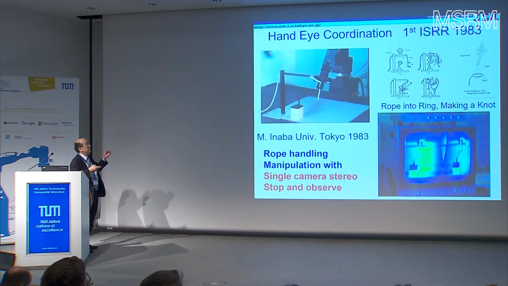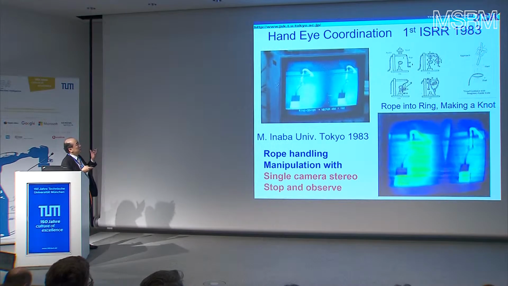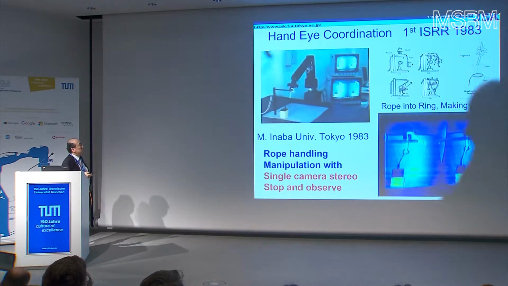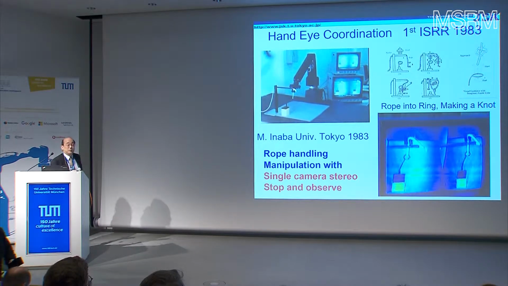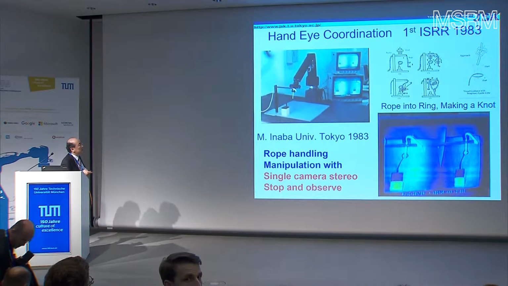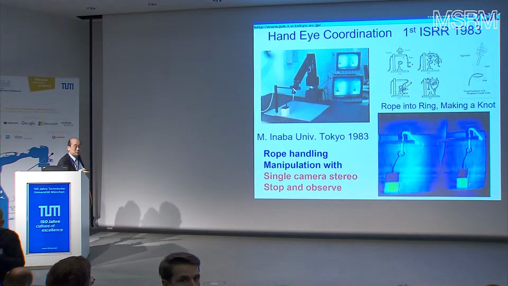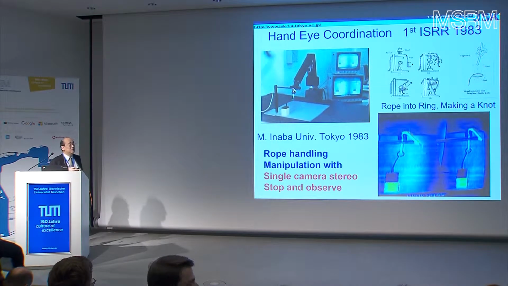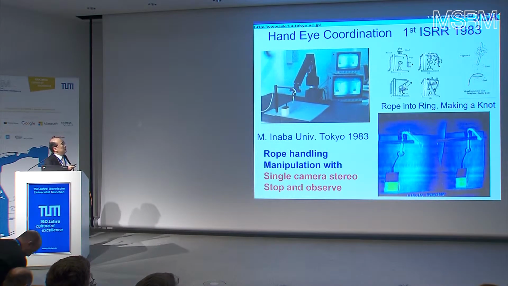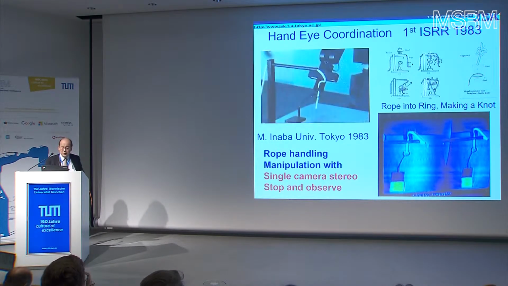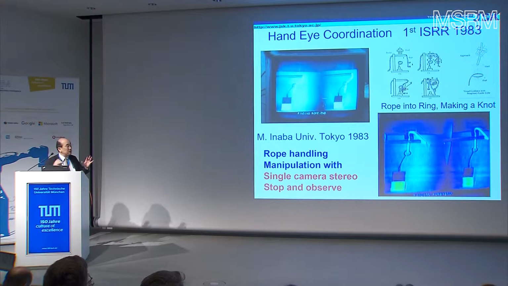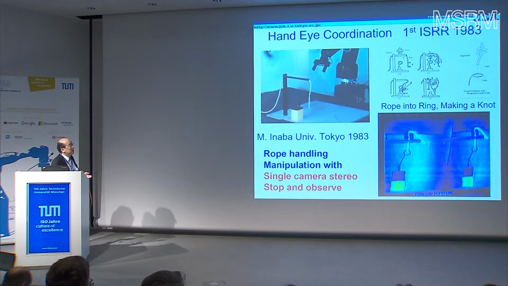A flexible object requires visual feedback, so I put 4 mirrors in front of the camera, and it takes about 10 minutes. All the programs were written in the computer language Lisp. We are still using Lisp to describe the higher and intermediate levels of our robots.